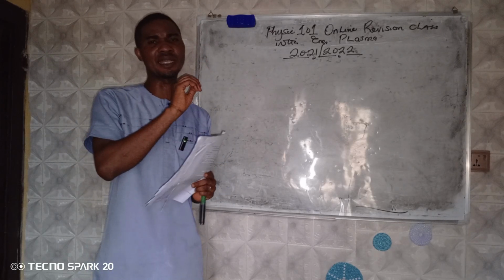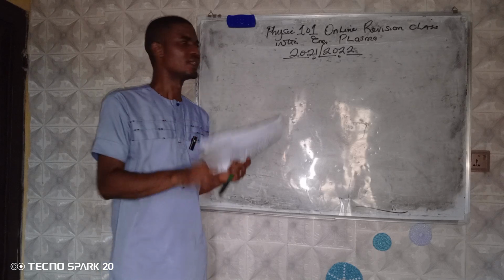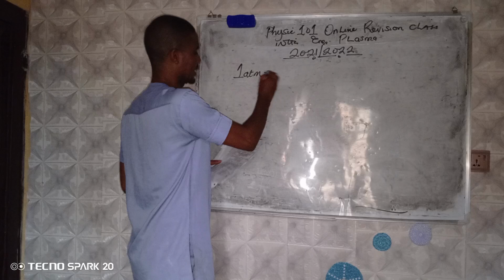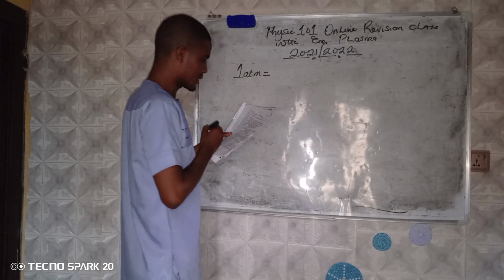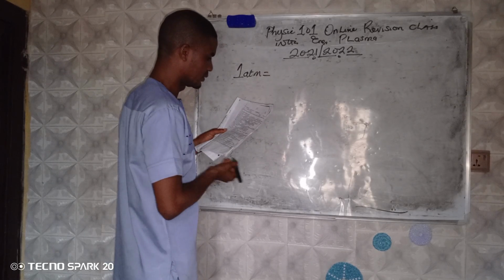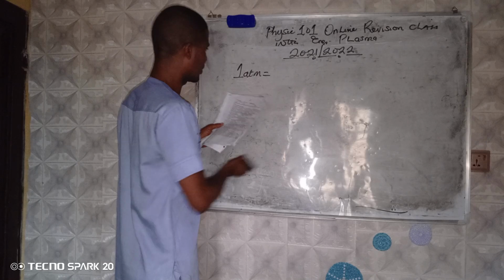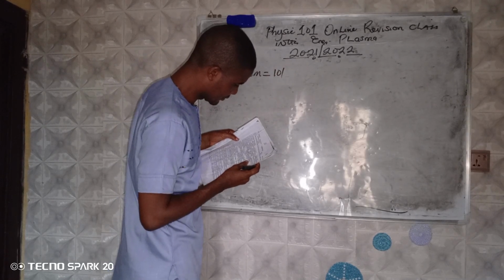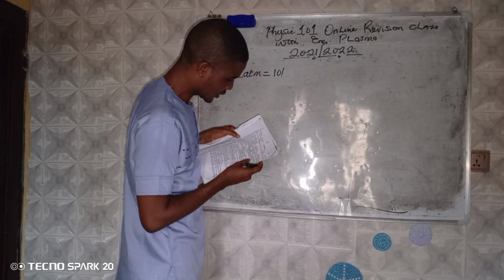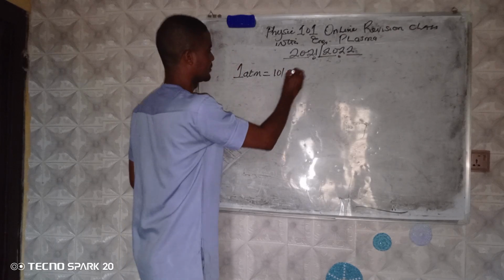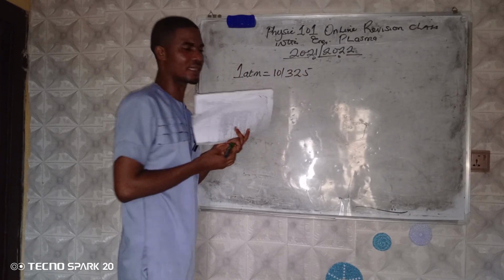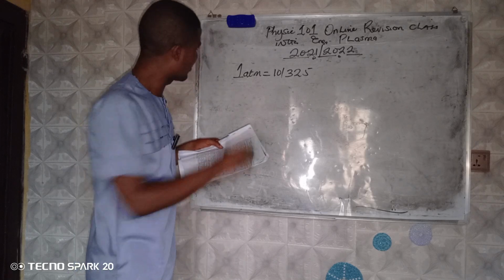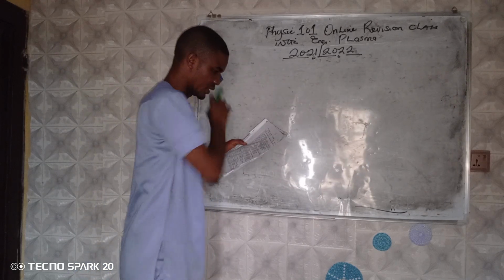Remember when we dealt with adiabatic processes, we said that 1 atm is equal to 101,325. You can check that out in part 1 of this class. Okay, we'll go to question number 2 quickly.